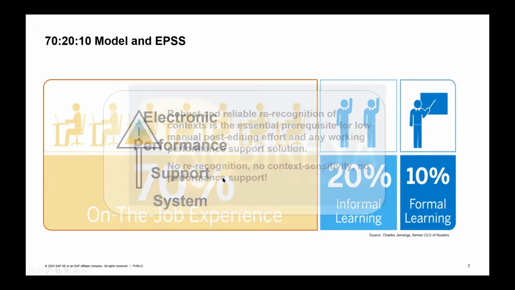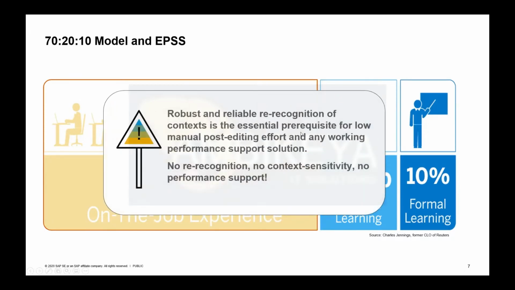A robust and reliable re-recognition of contexts is essential. Low manual post-editing effort in the initial phase where it's about content creation, that's one thing. The other thing is any re-recognition, that means any automated re-recording, and all the re-recognitions that the assistance systems require to work properly and conform to the expectation of the single user.